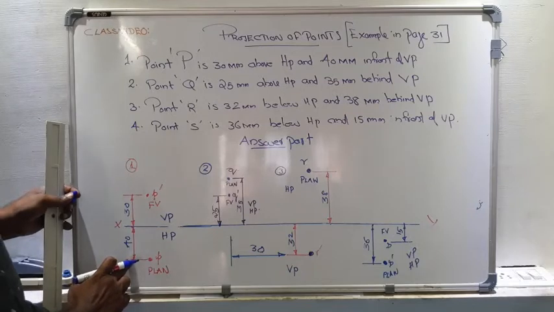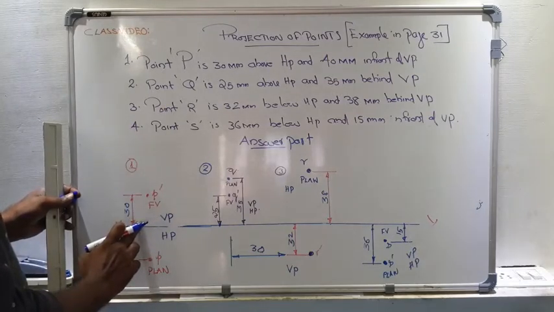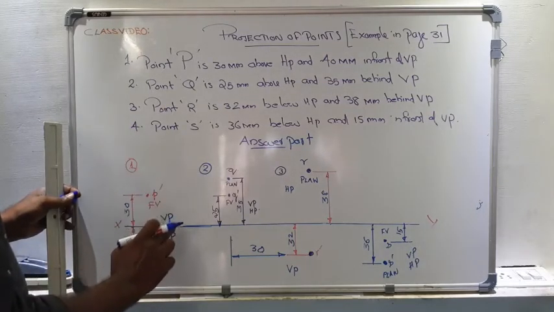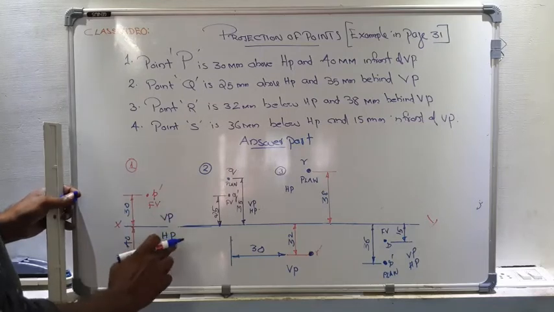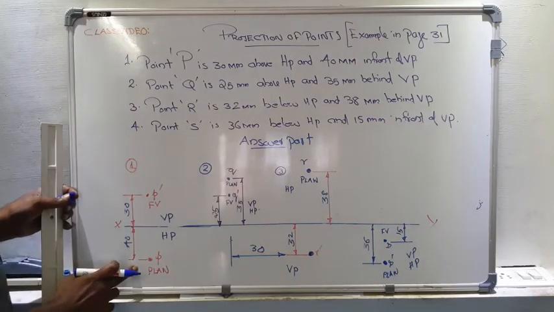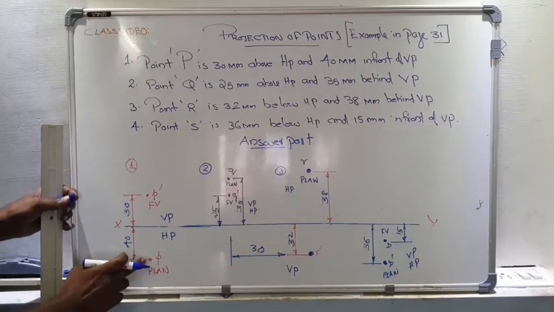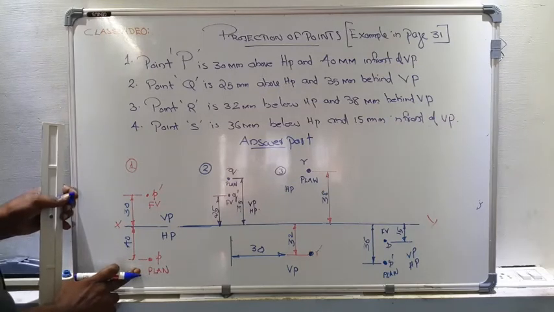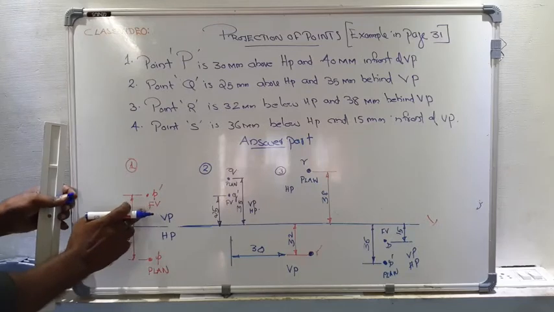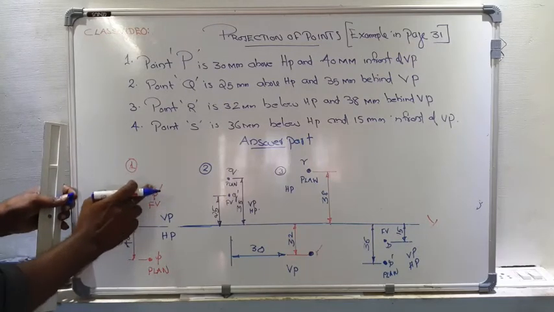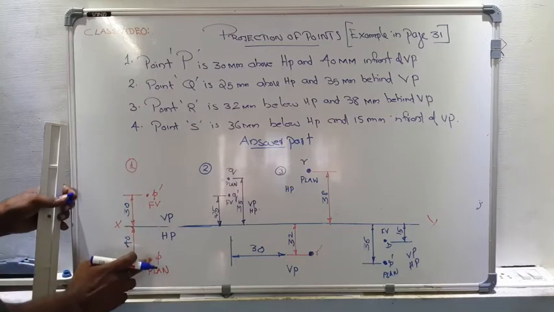That means in the case of the first quadrant, when we rotate the plan on HP in clockwise direction, the plan should come below the XY line. Okay. Now this is the answer of the first question. The front view comes above the XY line and the plan should come below the XY line.